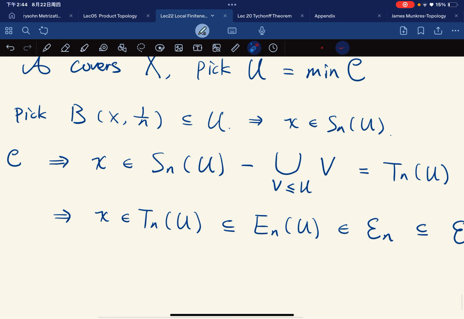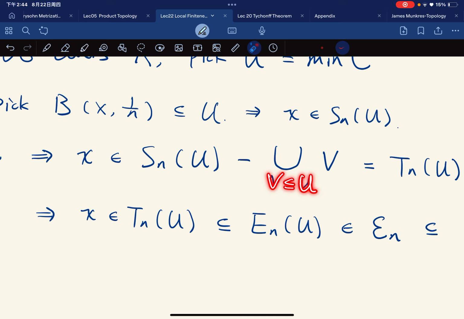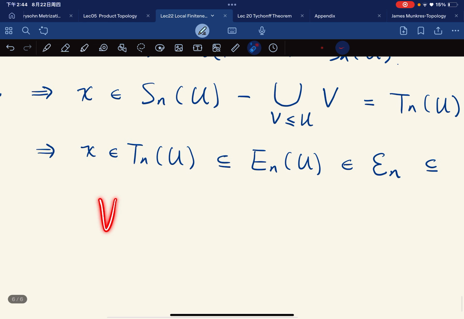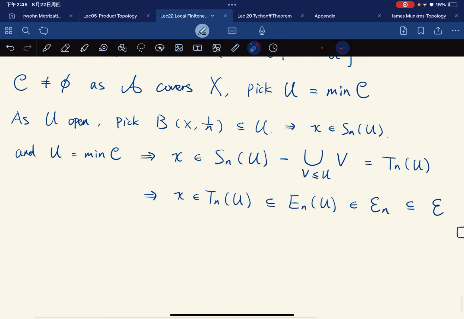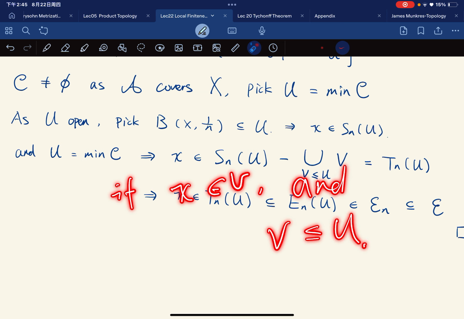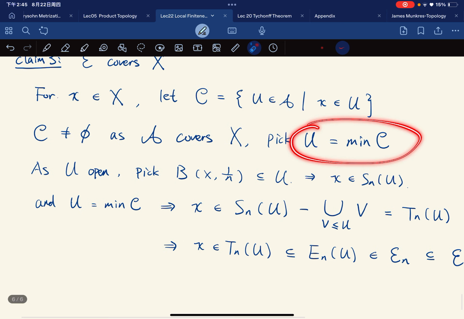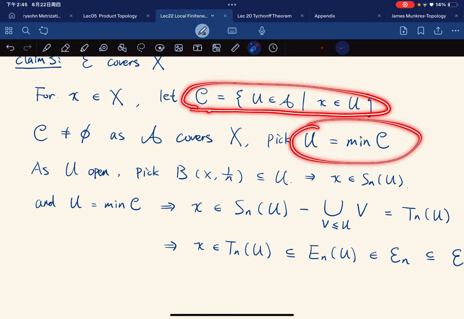Why? Because for any V less than U, x is not in V, right? Because if x is in V and V is less than U, it contradicts the fact that U is the minimum.